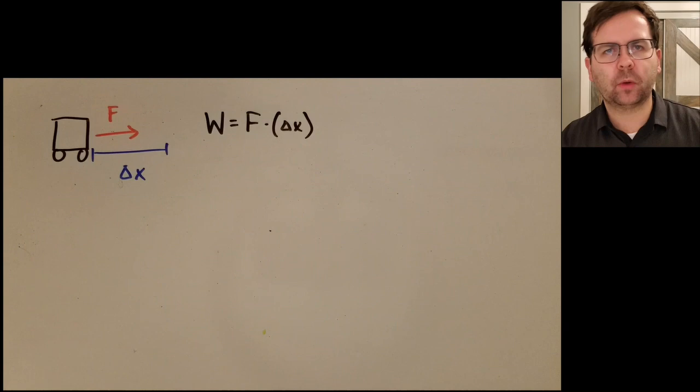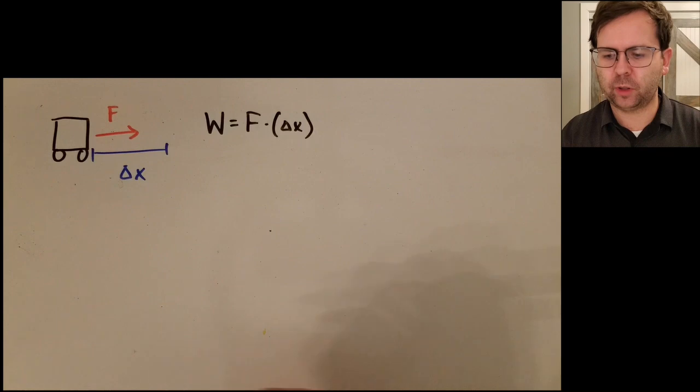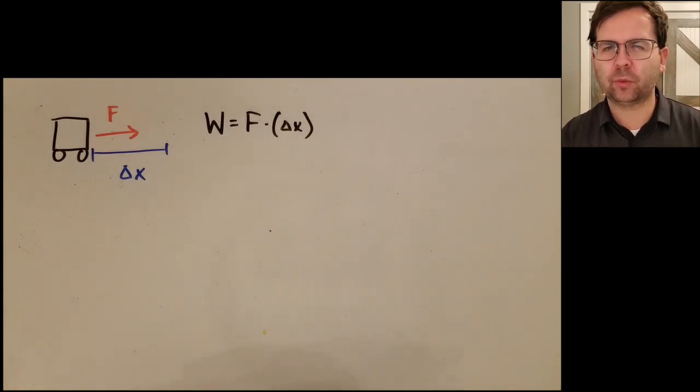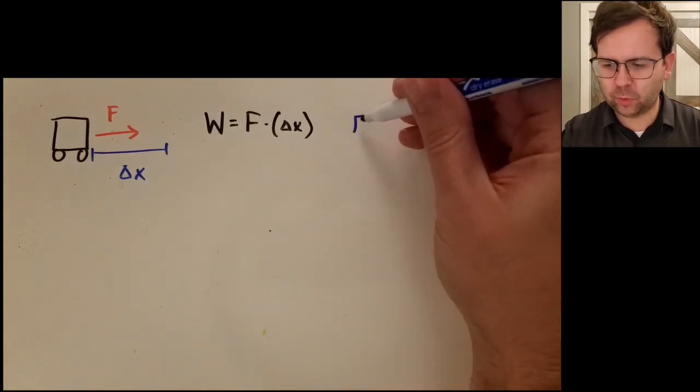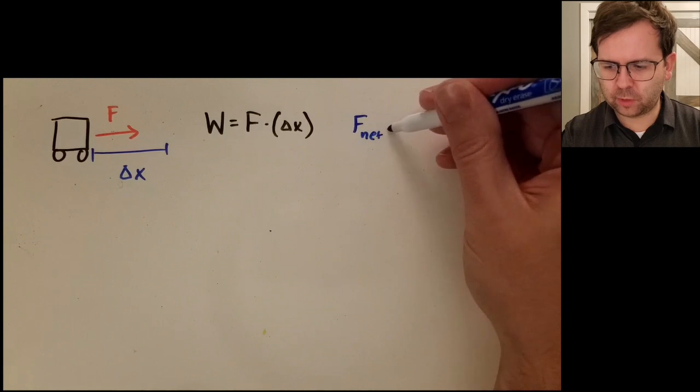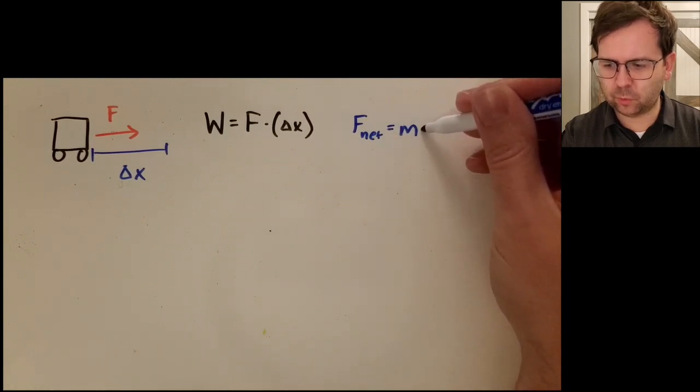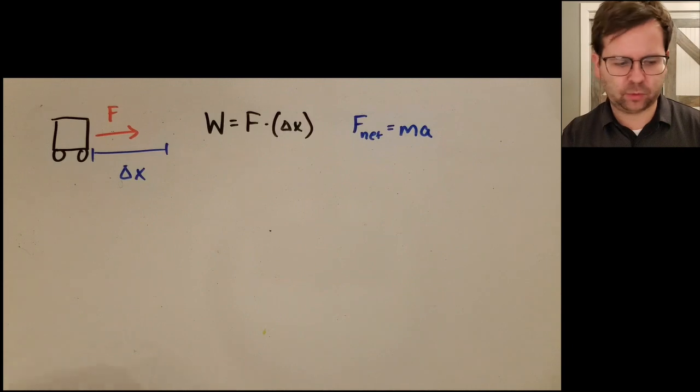Now I'm going to use some other equations here that we've probably seen before in our physics study that will allow us to rearrange the work equation to give us an expression that involves energy in the form of motion. One equation I'm going to use is Newton's second law, which says the net force is equal to the mass times the acceleration.